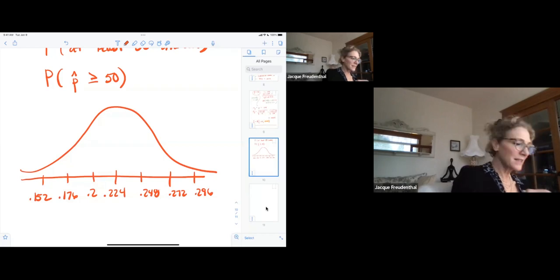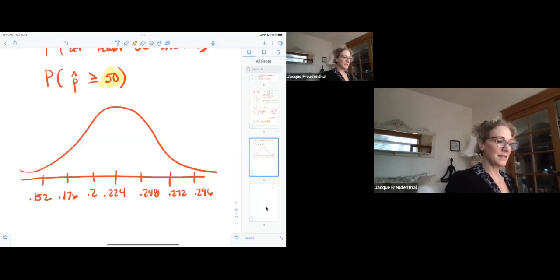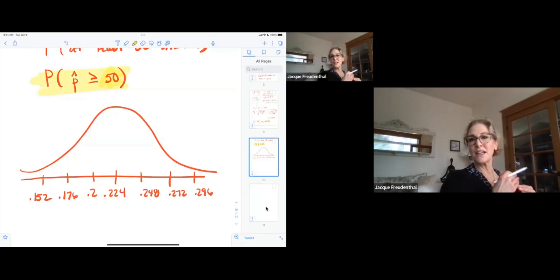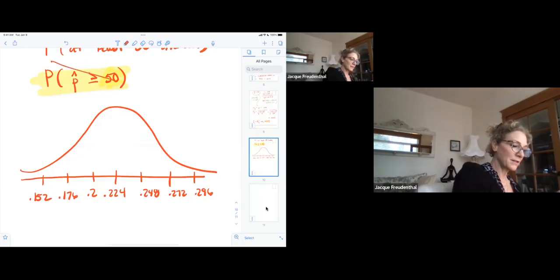Okay, now why is this so funky? Why is 50 really not a proportion, is it? So this is really not correct how I wrote that, because at least 50 is a number, it's a count, but it's not a proportion. I'm going to leave that up there just so you can see.